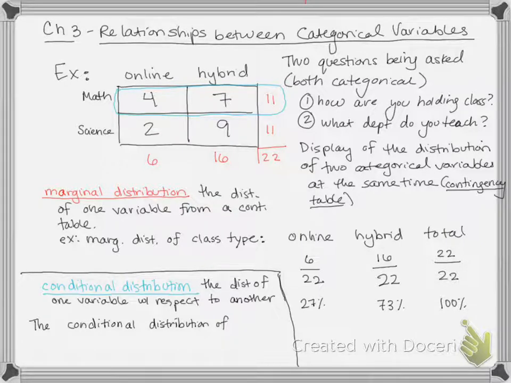So the conditional distribution of class type for the, and now we need to be specific, I've circled specifically one department. So this is the conditional distribution of class type for the math department. The second row would be the conditional distribution of class type for the science department.